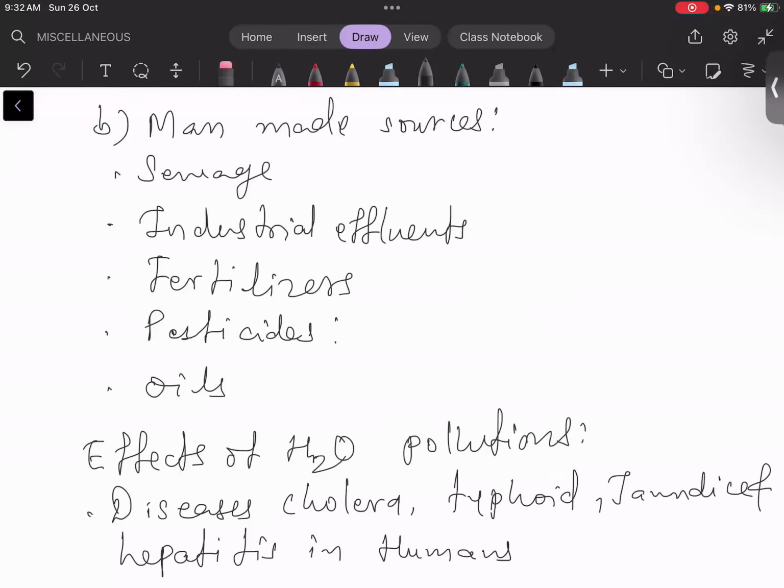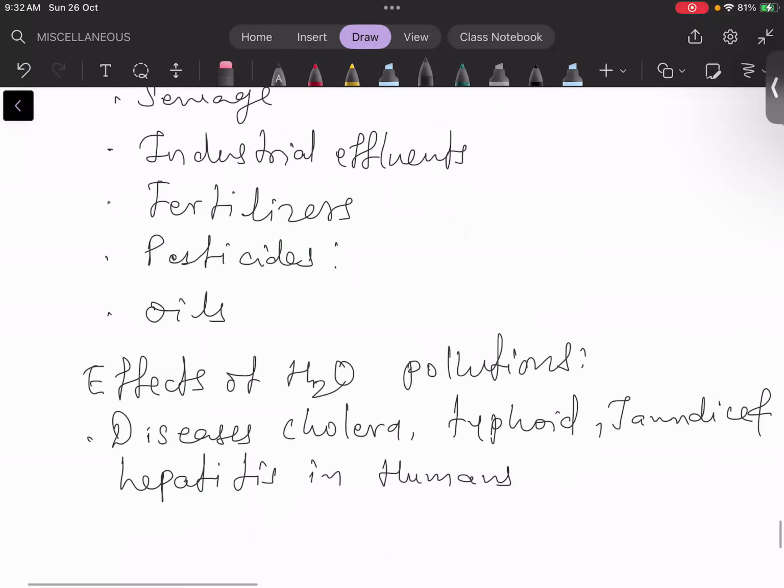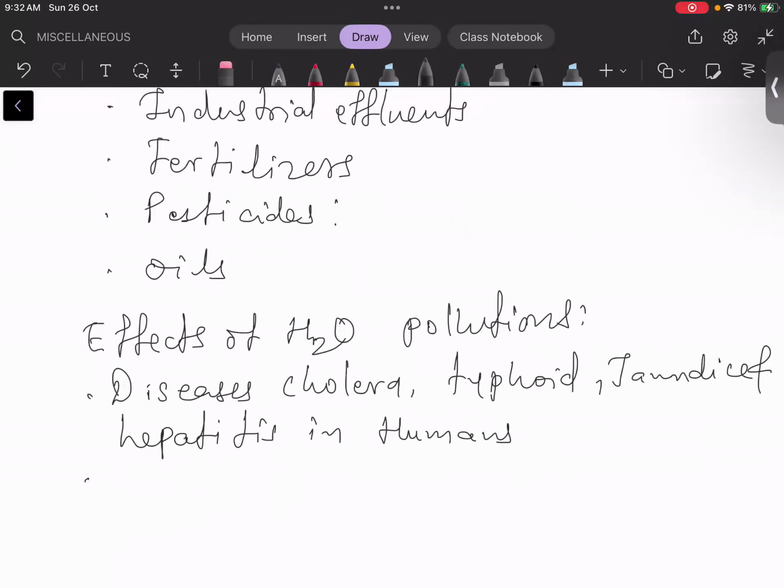Now, presence of acids and alkalis in water destroy microorganisms, like useful bacteria and all.